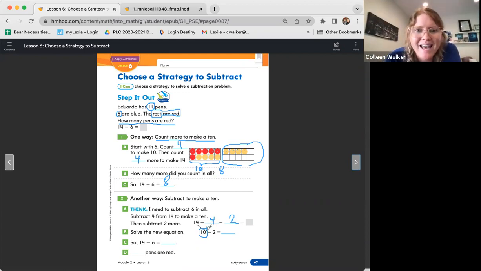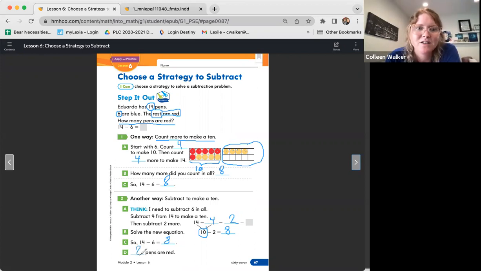So then 10 minus 2 is 8. Then it says solve the new equation. So 14 minus 6 equals, what does it equal? 8. That's right. So we know how many pens are red?